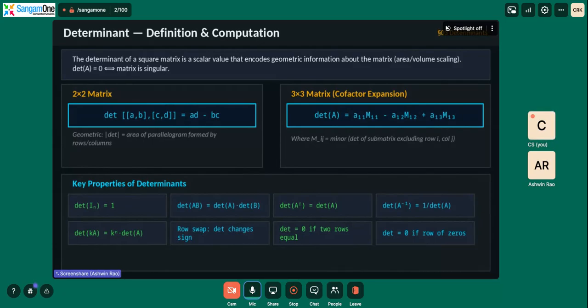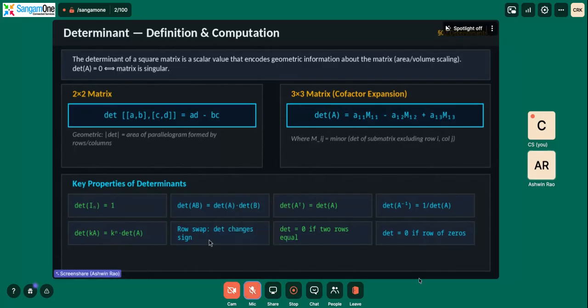The n means the order of the square matrix. Oh, n is the order? Yes, the order of the square matrix. 2 cross 2 means the order of the matrix is 2, 3 cross 3 means order 3. Understood, okay.